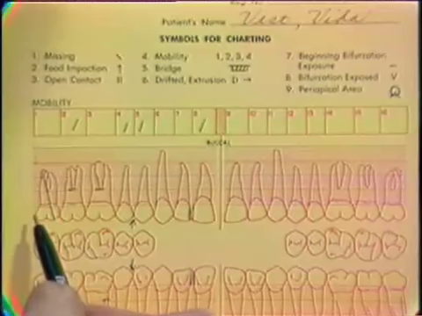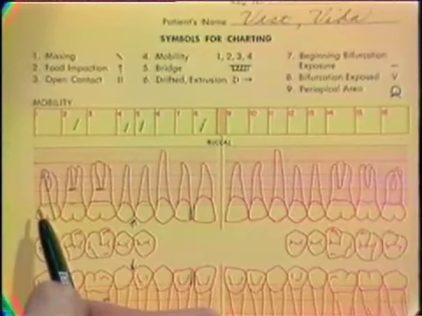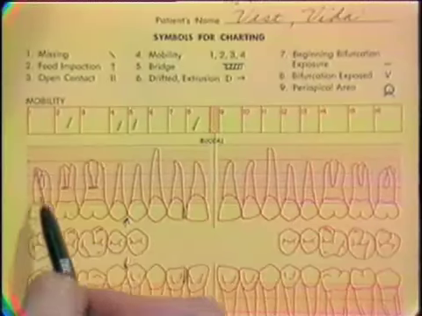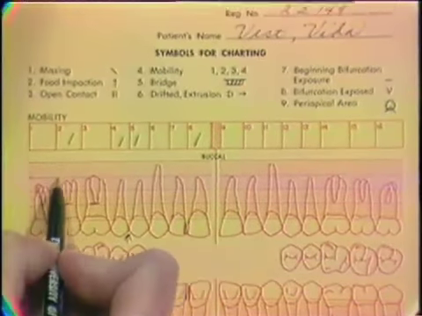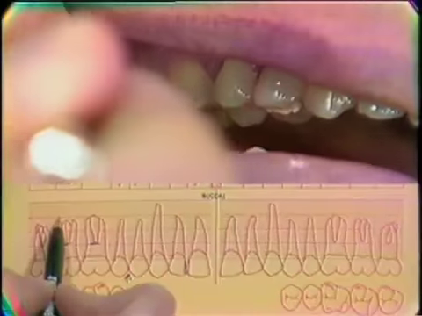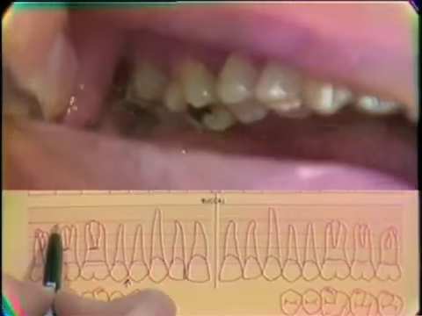Recording of the charting symbols complete, I would then begin charting the pocket depth, beginning here on the distal buccal of tooth number 2. Close down just a little bit for me. Open just a touch there. That's fine.